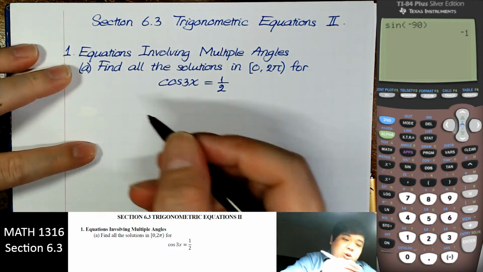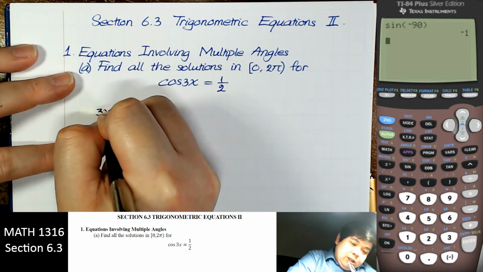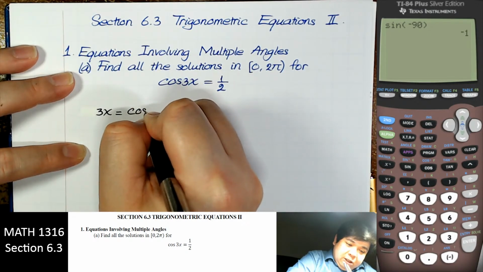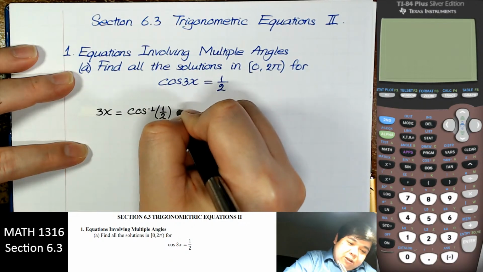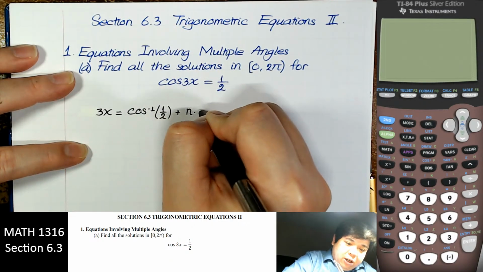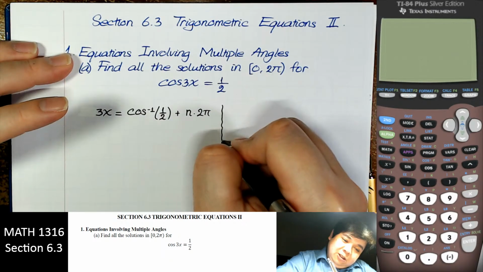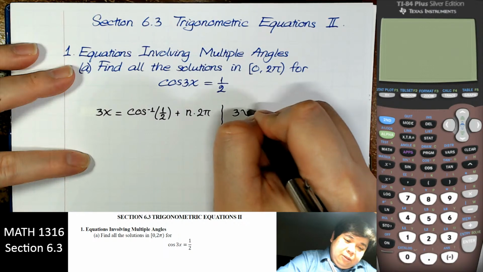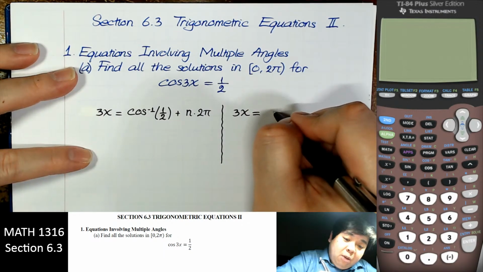If cosine of 3x equals 1/2, then we say 3x, inside the cosine, is equal to cosine inverse of 1/2 plus n times 2 pi. And then for cosine, it is the opposite.